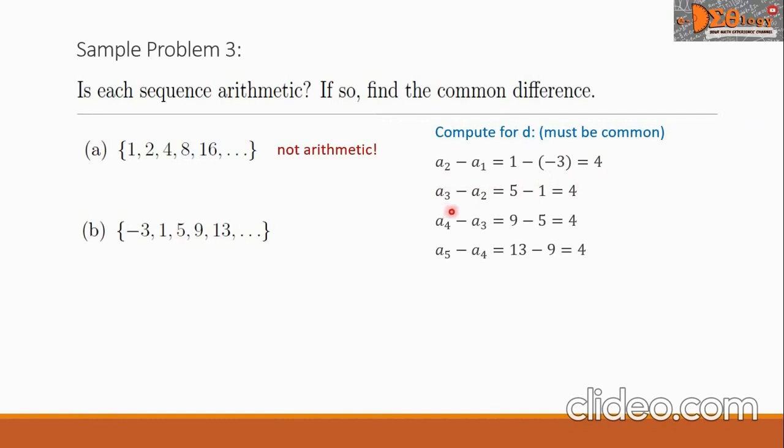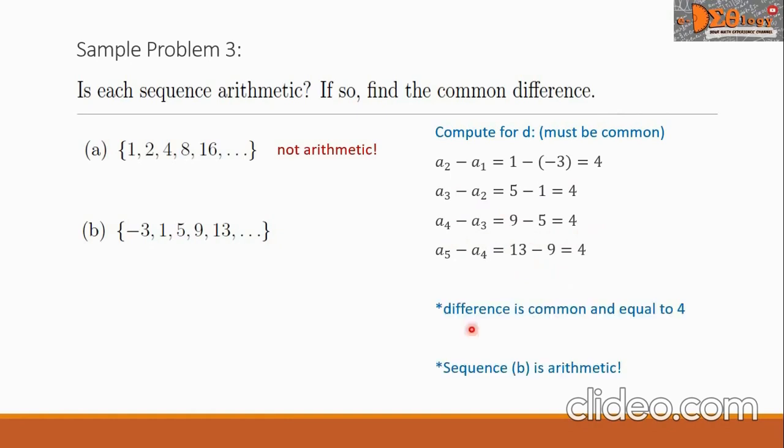A sub 3 minus A sub 2 equals 5 minus 1 equals 4. A sub 4 minus A sub 3 equals 9 minus 5 equals 4. A sub 5 minus A sub 4 equals 13 minus 9 equals 4.